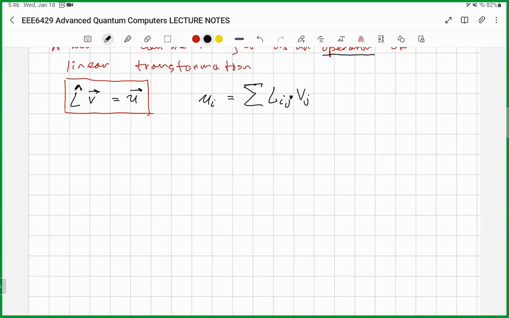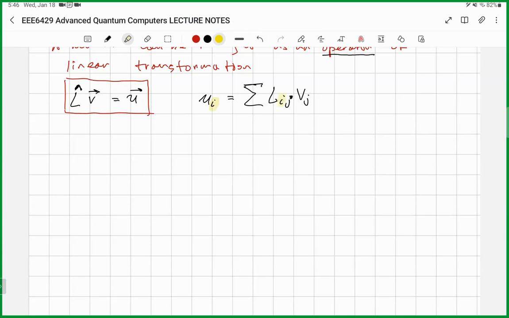You see that this index i is the result, the component of the new vector, and it isn't changed.